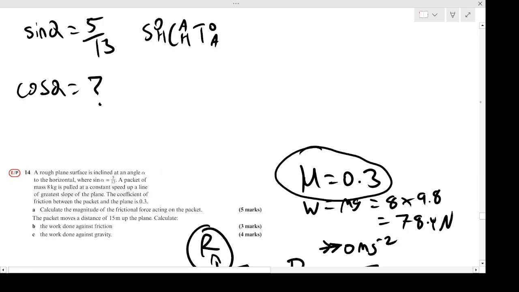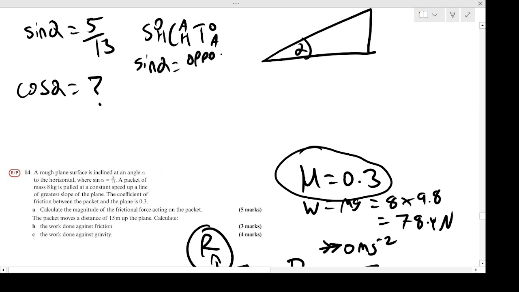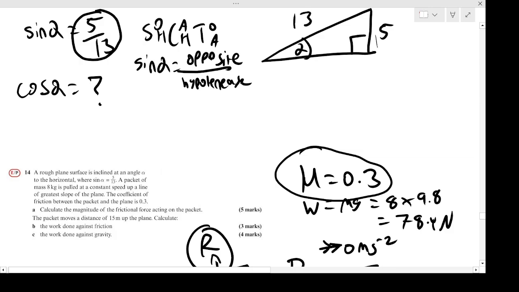So if I construct a triangle, again with the angle alpha, I know that sine is opposite over hypotenuse. If I literally compare the fraction, then the top number is the opposite. So this side is 5, and so the hypotenuse here is 13.